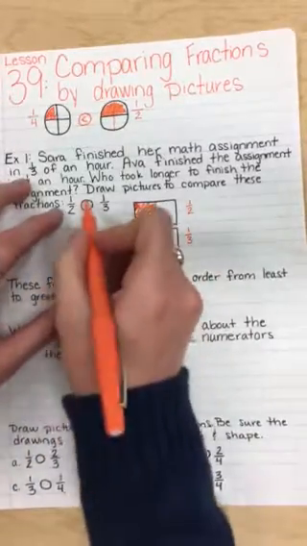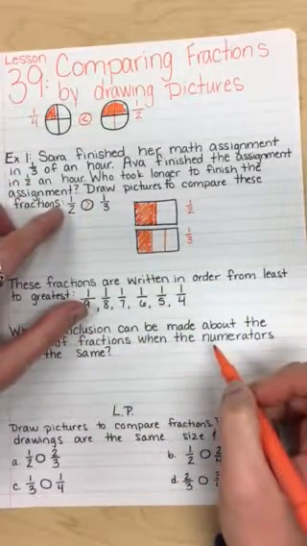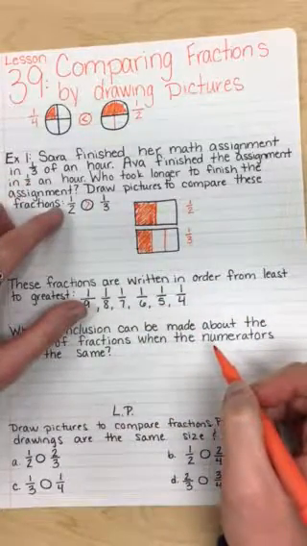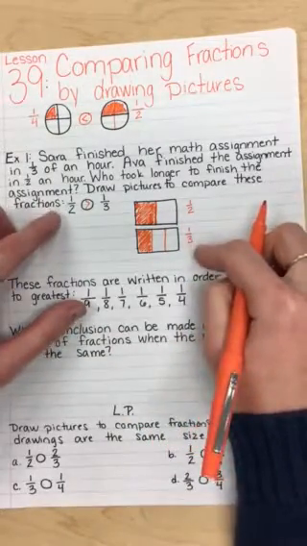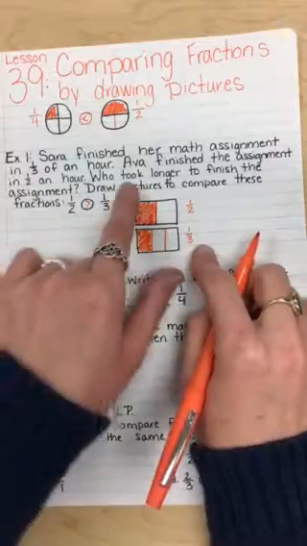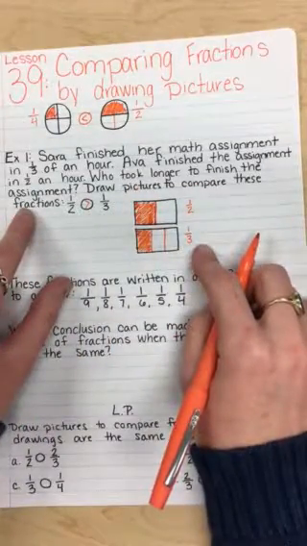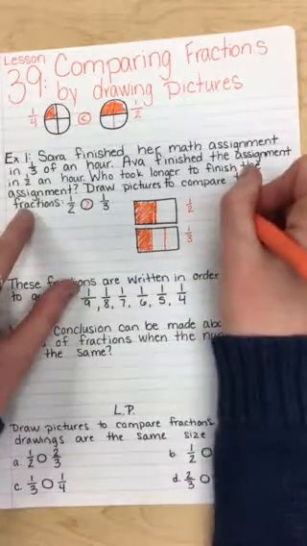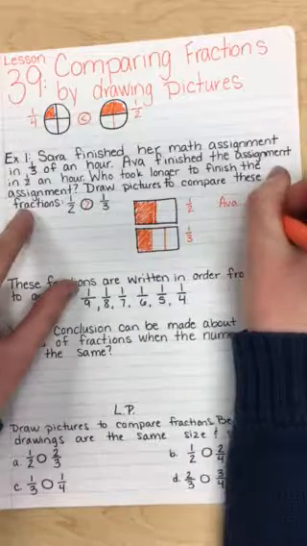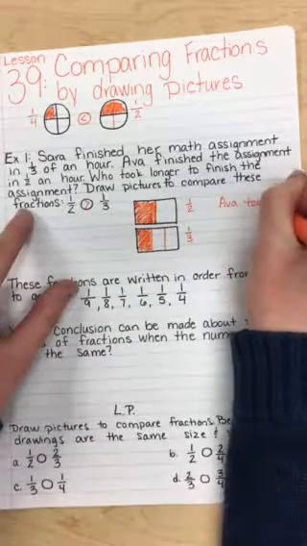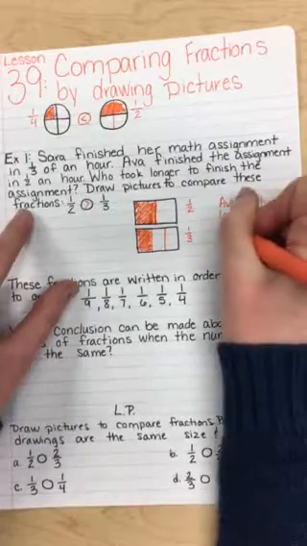So 1/2 is greater than 1/3. Since 1/2 is greater than 1/3, half an hour is greater than 1/3 of an hour. So the question was, who took longer to finish the assignment? And the answer is Ava took longer to finish the assignment.